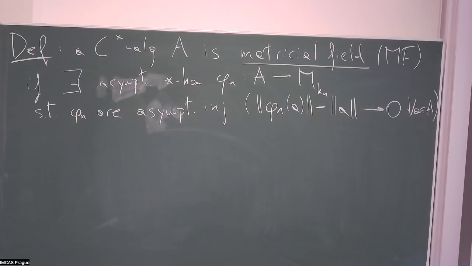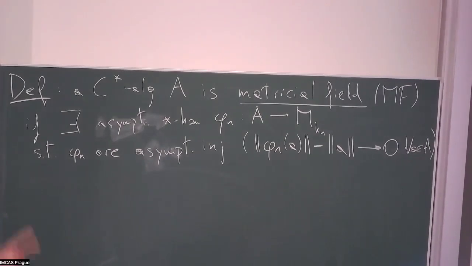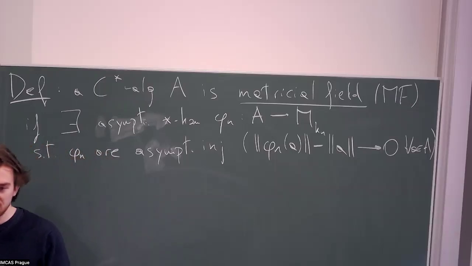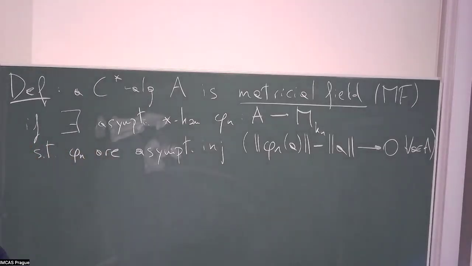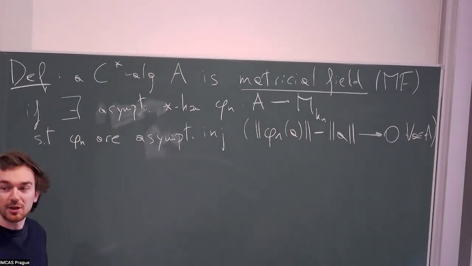Right. And so this is our definition. This asymptotic injectivity corresponds to saying we still want the flavor of an embedding. It's not quite an embedding on the nose, but it's asymptotically an embedding.